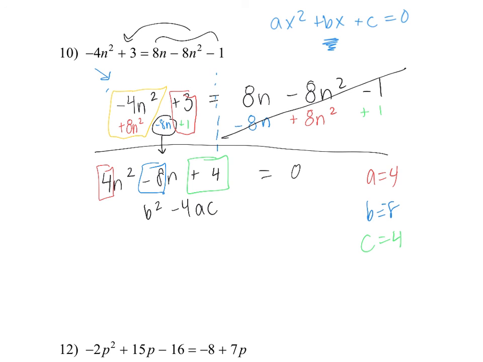So in this case, B is -8, so in parentheses, I'm writing -8 squared. I'm keeping the 4 in black, and then we're going to write down our other numbers: A, which is 4, and C, which is also 4.